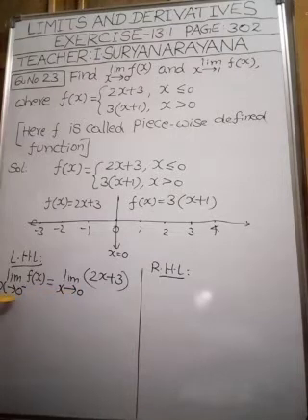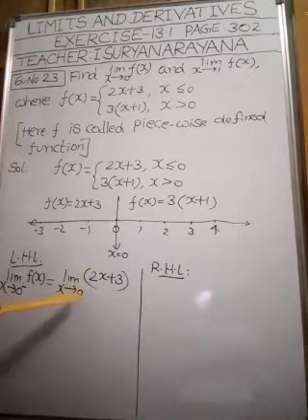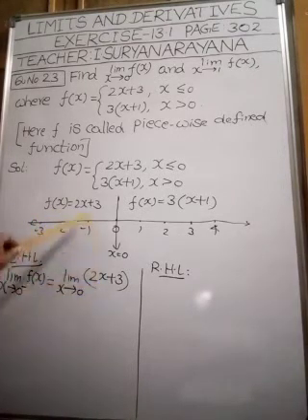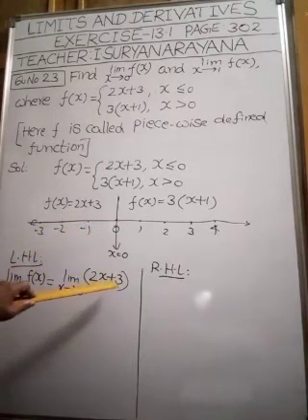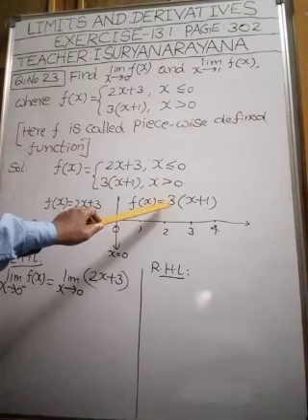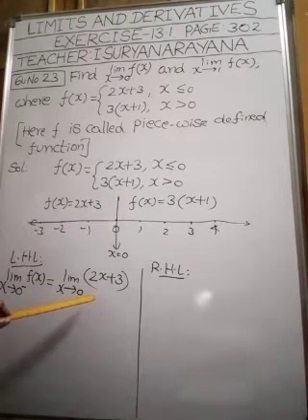Here I wrote the limit of f of x as x tends to 0 minus, meaning the left hand limit of f of x as x tends to 0 from the left. But here I wrote x tends to 0 only, not 0 minus. Understood, my children? Because we have found the exact function. What is f of x? Here 2x plus 3. Not this one. We should not consider this function in this case. Understood this point, my children?